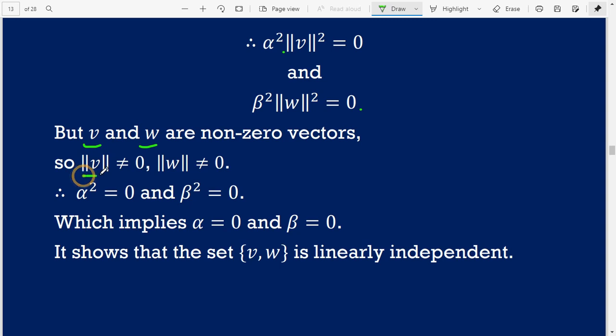So norm V is not equal to 0 and norm W is not equal to 0. So alpha square and beta square must be 0, which implies alpha is equal to 0 and beta is equal to 0. Here alpha and beta both are 0. So this set V and W is linearly independent.